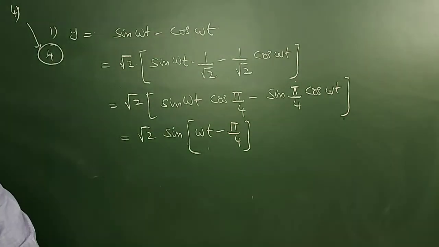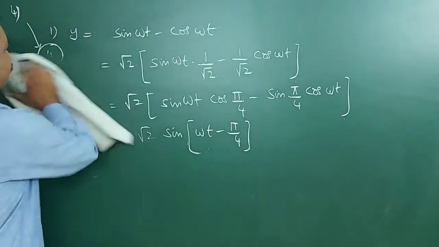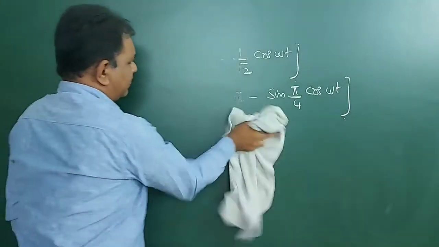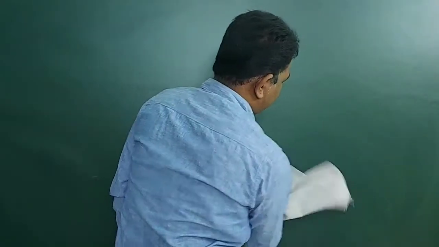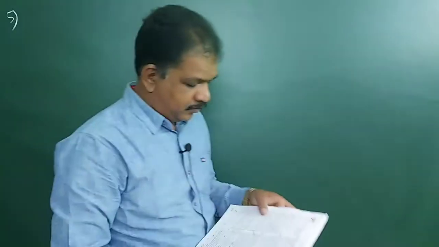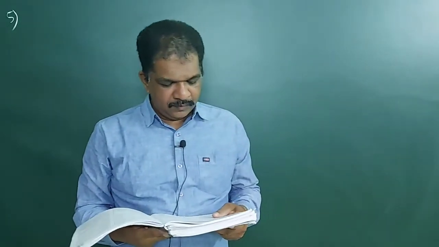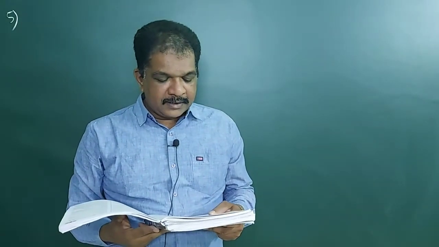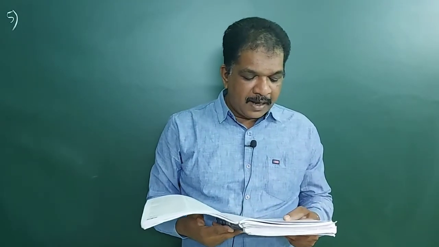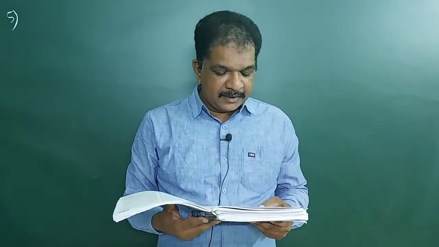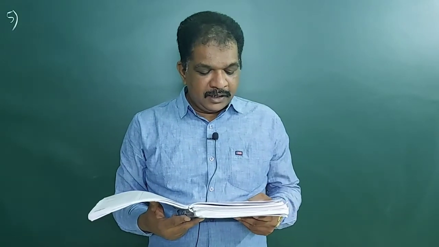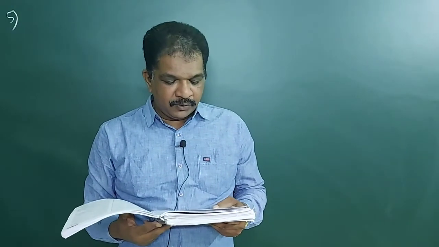Next, see the fifth question. What are they asking? Two particles are oscillating along two closed parallel straight lines side by side with the same frequency and amplitude.